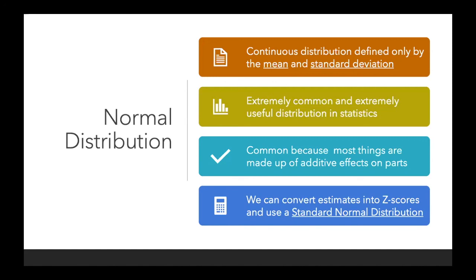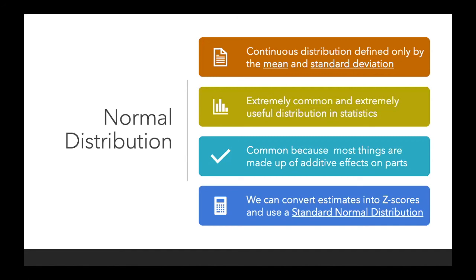The reason the normal distribution is common in biology is because most things are made up of component parts that tend to add together. And when we add together or sum or average across even variables that are not normally distributed, the sum or mean of those values will itself tend to be normally distributed. And as a result, we get this tendency towards things moving towards normal distributions.